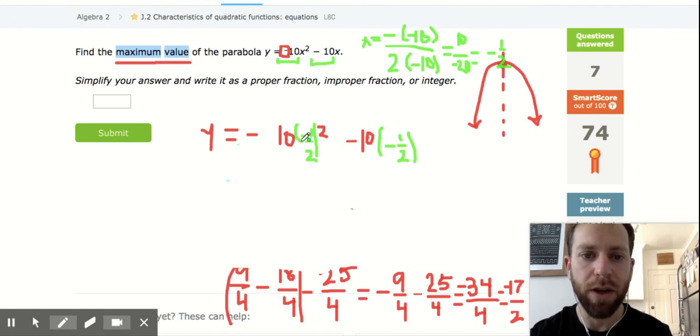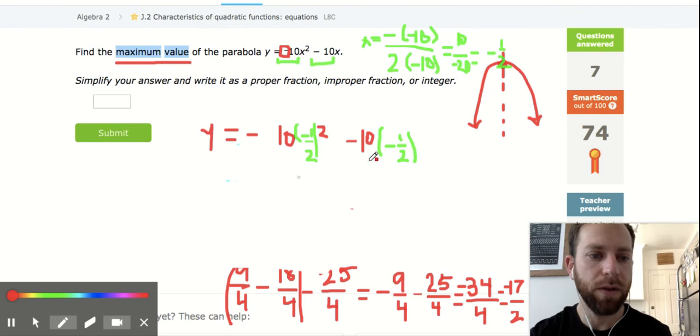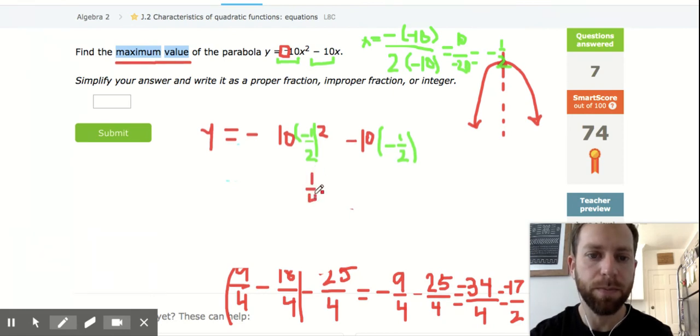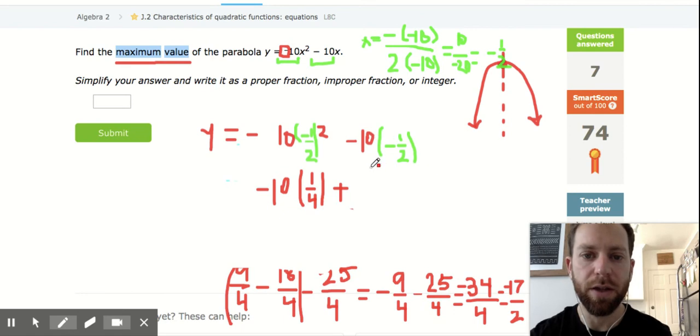So let's see, negative 1/2 squared, remember do exponents first. That's going to give us positive 1 over 4. Negative 10 times positive 1/4 minus, a negative times a negative is actually a positive, and then 10 divided by 2.